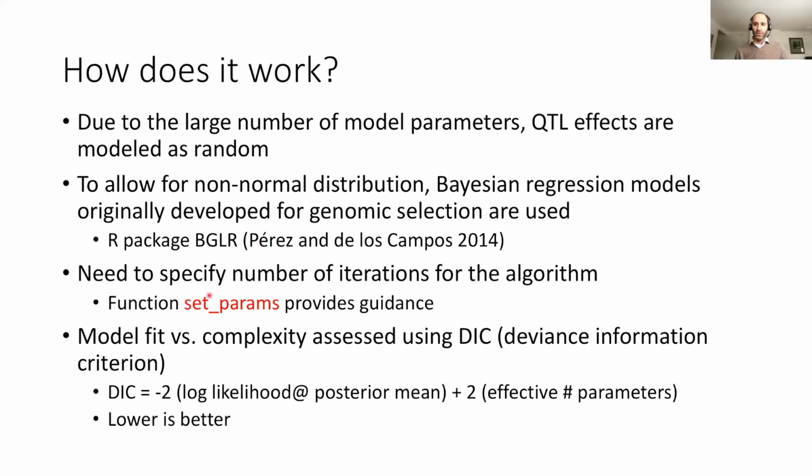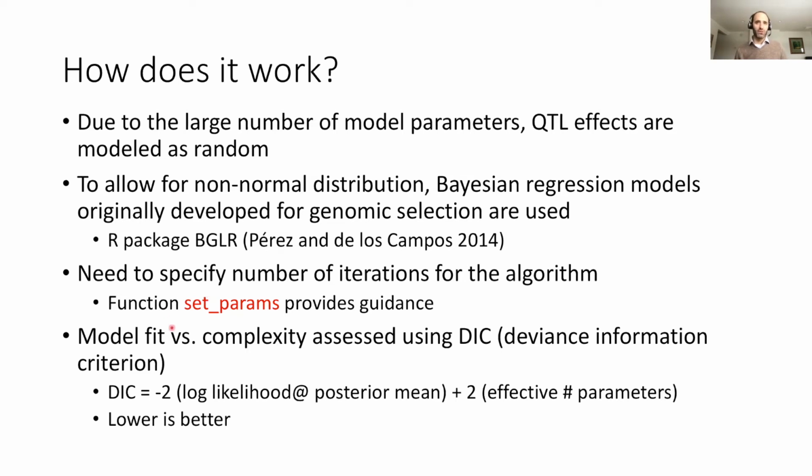And because BGLR is using a Monte Carlo method that is used for these types of Bayesian models, we have to come up with an appropriate number of iterations for the algorithm. I'm far from an expert on Monte Carlo methods for Bayesian regression, but we've tried to create a function that can help you in a simple way decide what is an appropriate number of iterations.